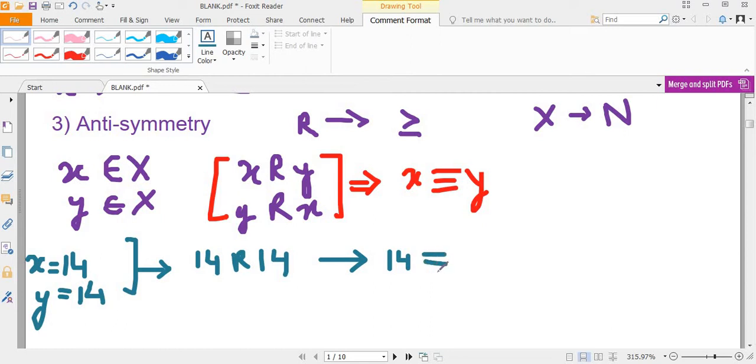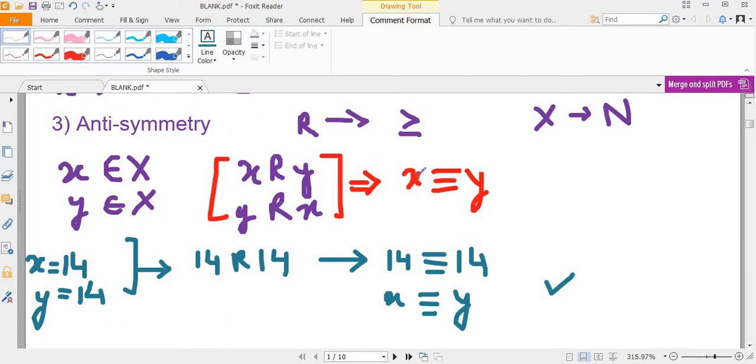Now then, can I conclude that 14 is identically equal to 14, or x is identically equal to y? The answer is yes, of course. Both x and y are 14.